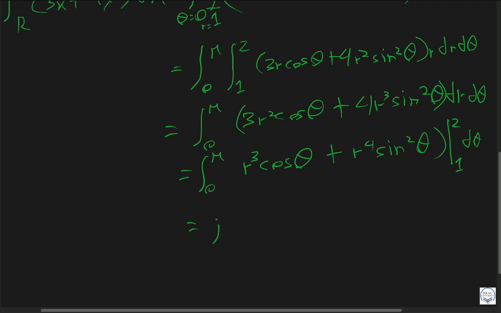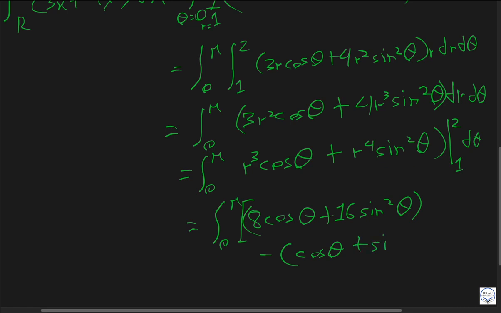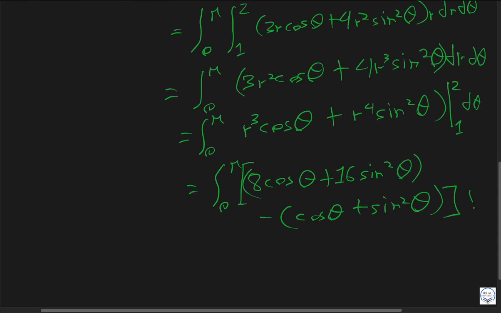Just substitute 2: 2 cubed is 8, plus 2 to the power 4 is 16, so 16 sine squared theta. Now subtract, minus 1 cubed is just 1, so cos theta, and again 1 to the power 4 is 1, so plus sine squared theta, times d theta.